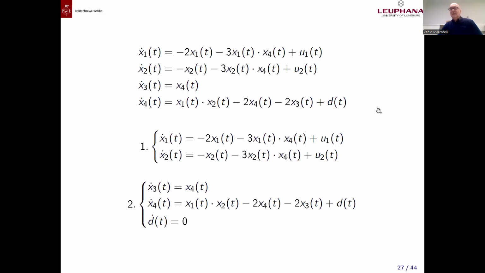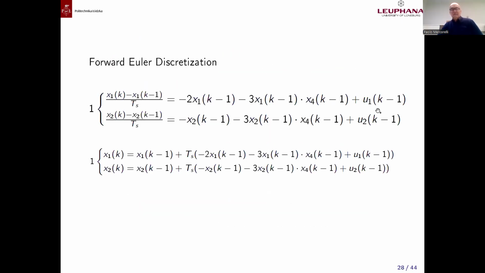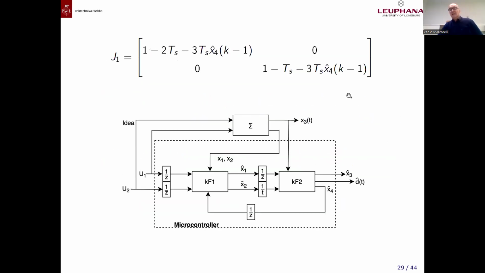This means if I take the derivative of x1 of k with respect to x2 of k minus 1, we don't have x2 of k minus 1 here. This means we can justify this 0.